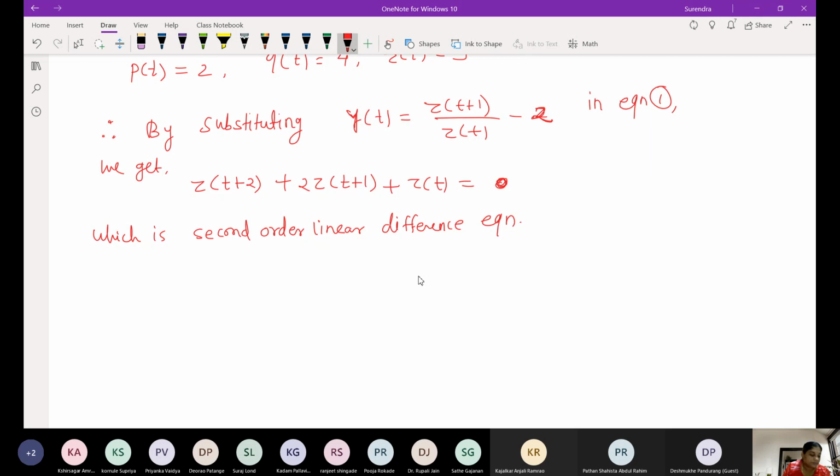So what is its solution? Therefore, its general solution. What is the general solution of this second order equation?